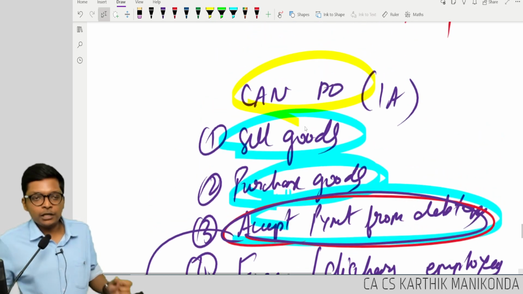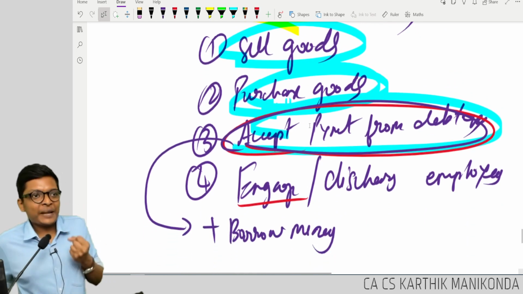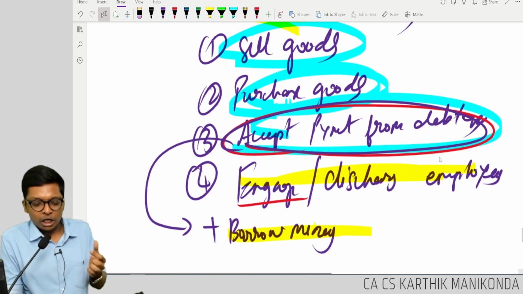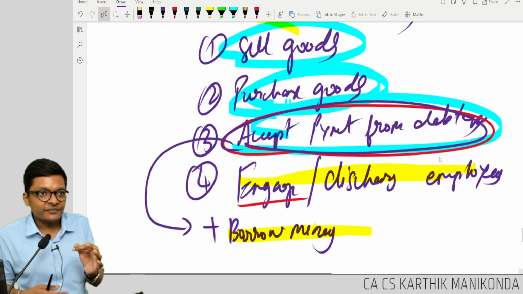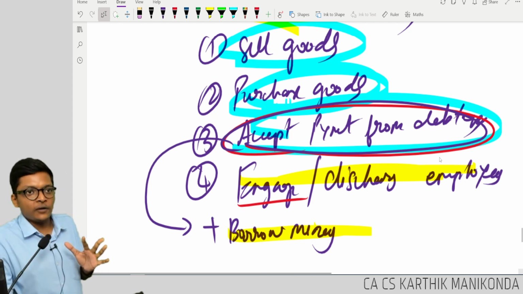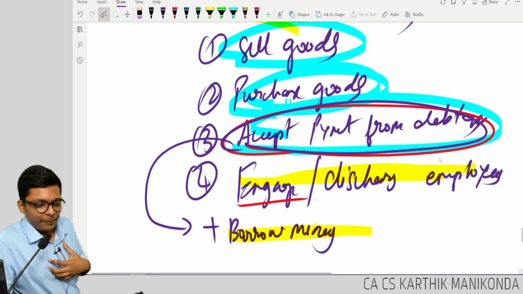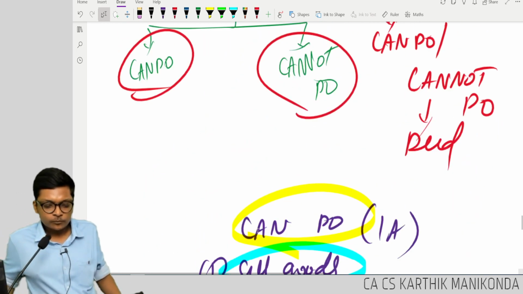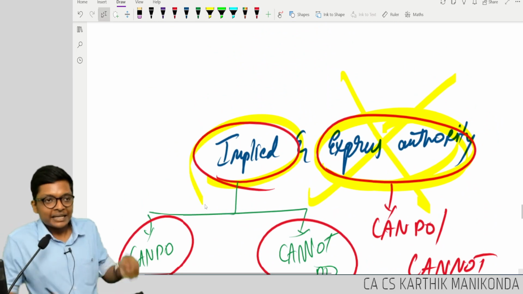What he can do is sell goods, buy goods, accept payment from debtors, borrow money, engage or discharge employees. If you don't want a specific partner to do this, what you have to do? Expressly remove the power. If one partner should not be able to borrow money, remove the power. That comes under express authority. If you are silent, he has these powers.